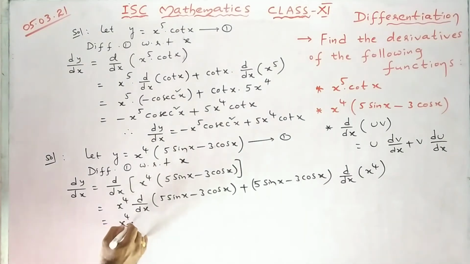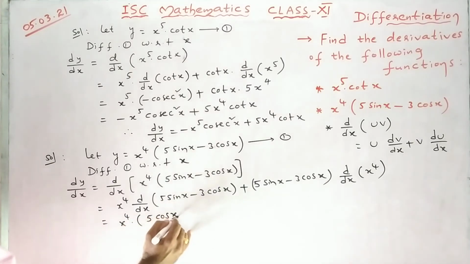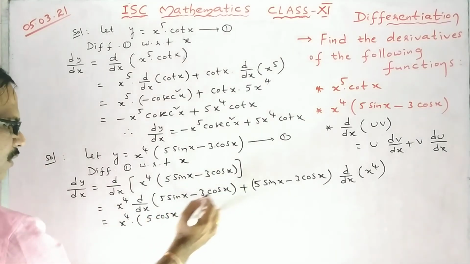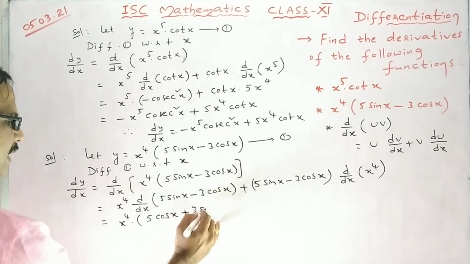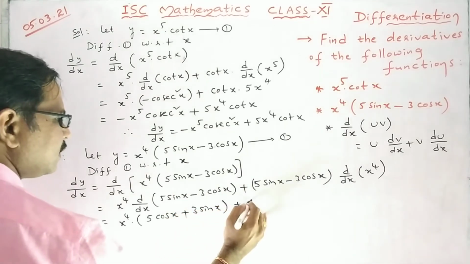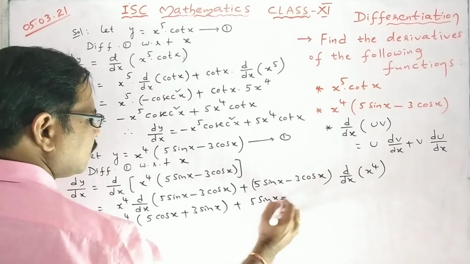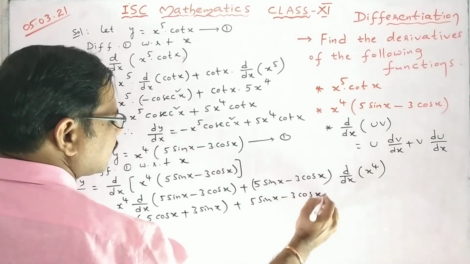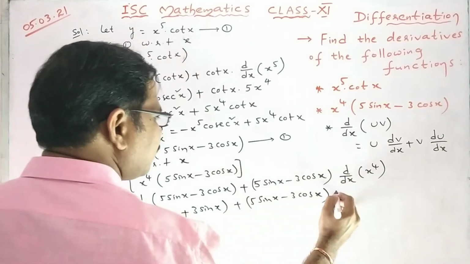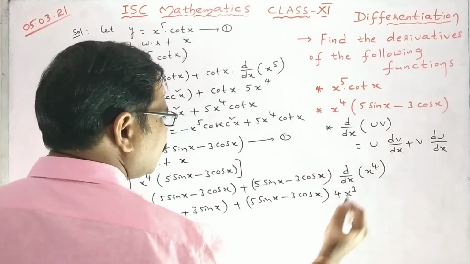So x to the power 4 into 5 sin x derivative cos x derivative minus sin x, so plus 3 sin x, plus 5 sin x minus 3 cos x into x to the power 4 derivative 4x cube.